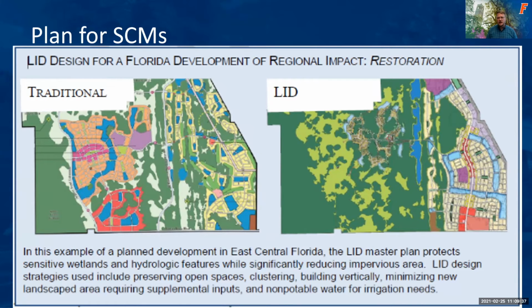And they came back and basically proposed, we don't want to impact these wetlands on the west side of the property. So they came back and did a much more intensive, compact design, with fewer impacts on the wetlands and a more vertical design, and we're able to address stormwater in the design.